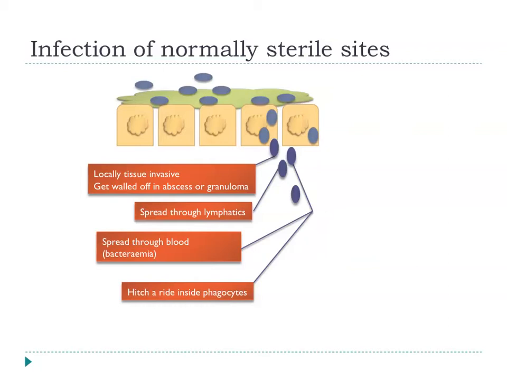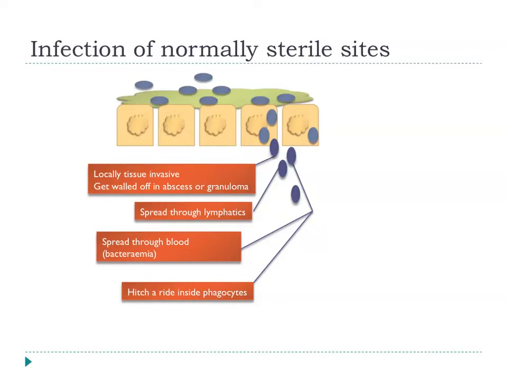So here we see the bacteria. This time, instead of staying in that mucosal surface, they've actually invaded and gone through it. They can get walled off. Sometimes they don't get very far. They're just in, say, subcutaneous tissues or submucosal tissues, and they form an abscess.